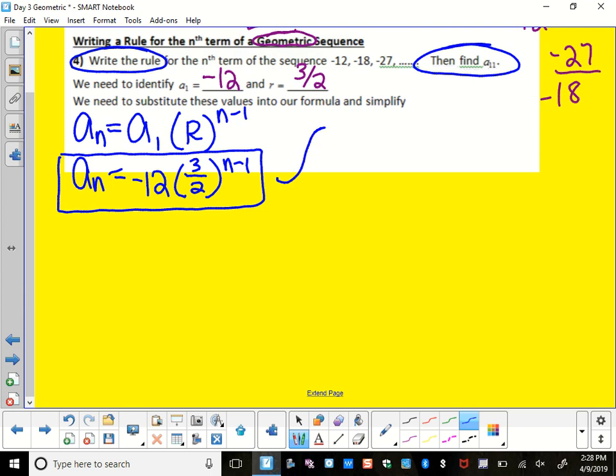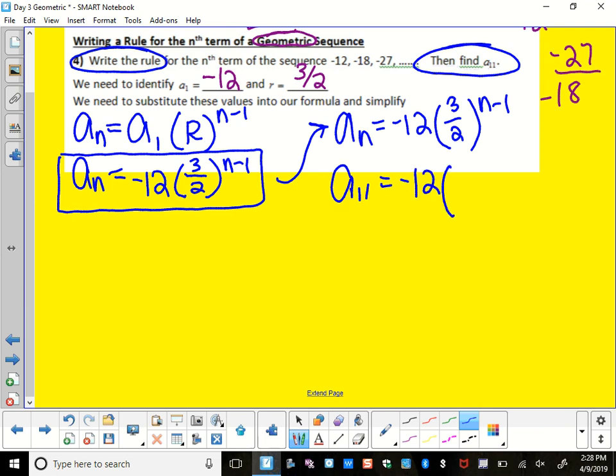Now, we're going to use my rule to find the 11th term. Okay? So I need my 11th term is equal to negative 12 times 3 halves to the power of, which term are we looking for? 11.